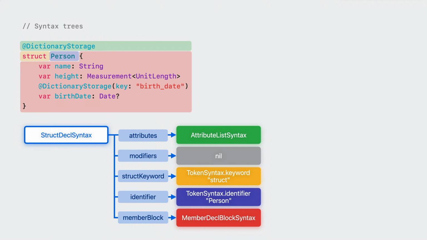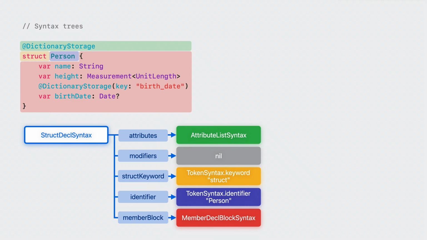Some of the syntax nodes in these properties are called tokens. These represent a specific piece of text in the source file, like a name or a keyword or a bit of punctuation, and they just contain that text and any surrounding trivia, like spaces and comments. If you drill deep enough into the syntax tree, you'll find a token node that covers every byte of the source file. But some of those nodes, like the attribute list syntax node in the attributes property, and the member decl block syntax node in the member block property, are not tokens.